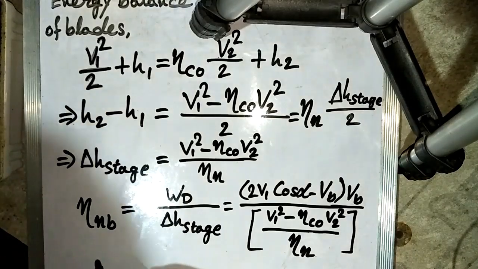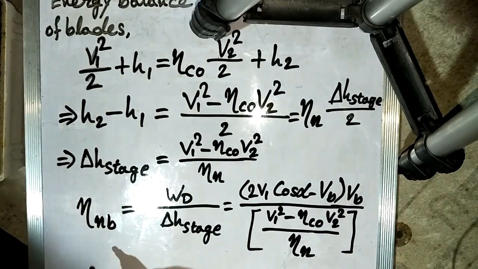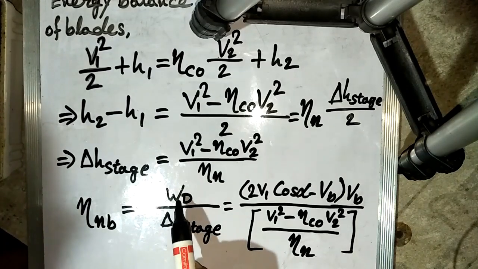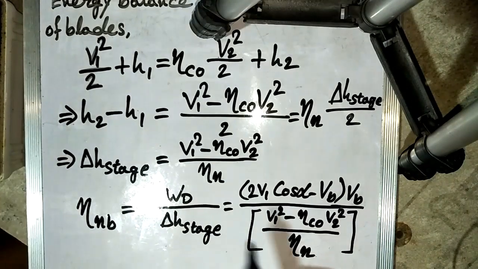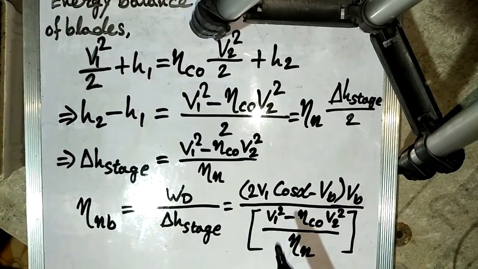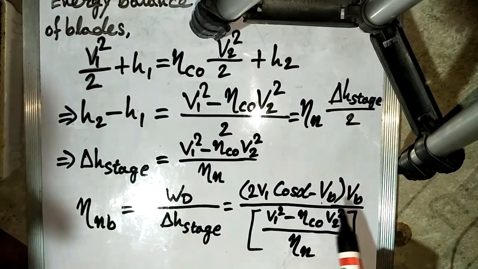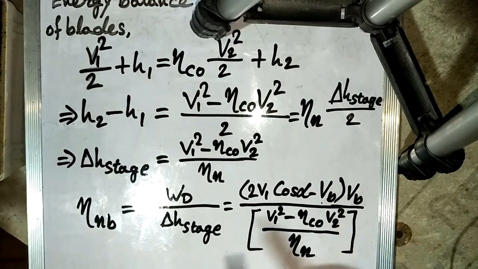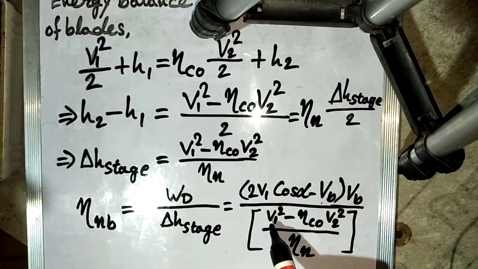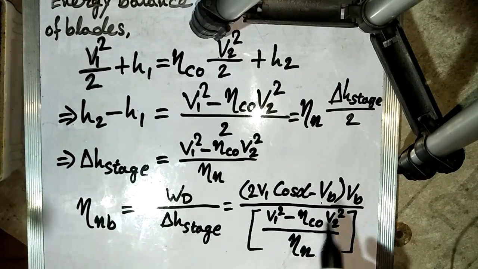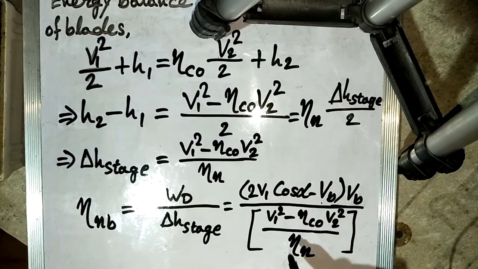Therefore the combined nozzle and blade efficiency, that is eta NB, is equal to WD, the diagram work, by the stage enthalpy drop. We have already derived the expression for WD, that is 2 into V1 cos alpha minus VB into VB, divided by the stage enthalpy drop, V1 square minus carryover efficiency into V2 square by eta n.